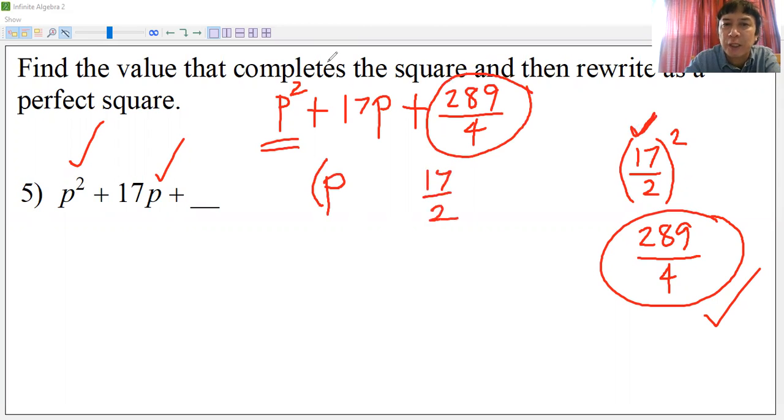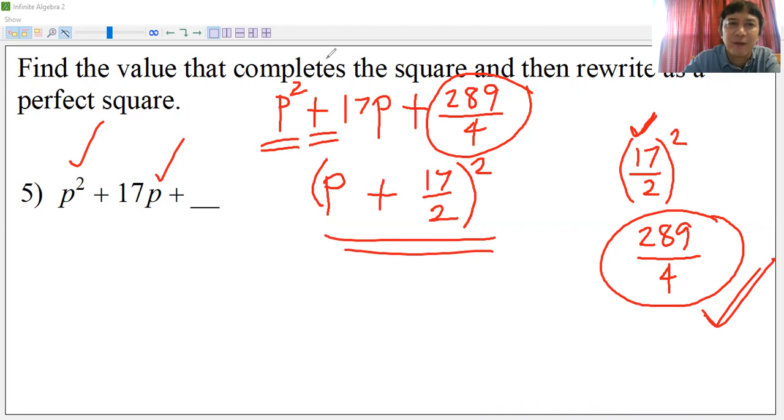And then the sign in the middle will be the sign of the original coefficient of the first degree, so that will be plus. Then close parentheses, and you write it squared there. So the required answer here is this number and this. We're going to verify that over there.